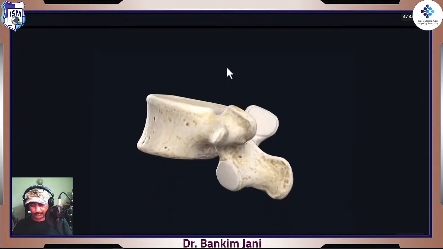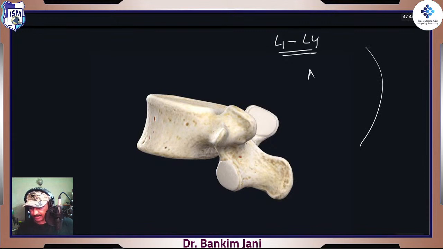Moving further, now we are watching it from the side. From the side there is so much to see. This is L1 to L4, so typical. In our body, if you watch from the side, the lumbar is like the abdominal region, and it has a curve like this. So this is anterior.